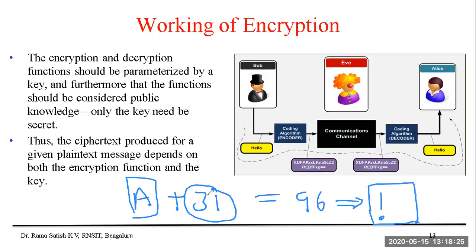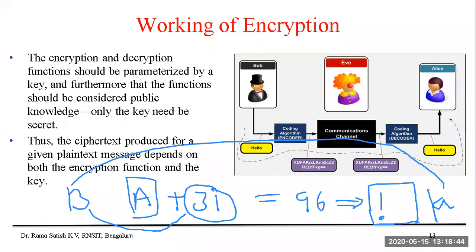Similarly, capital B is added with 31 and you get 97. 97 is small a. So B is nothing but a small a. People will never understand. Oh, exclamatory a. It will be an encrypted text.